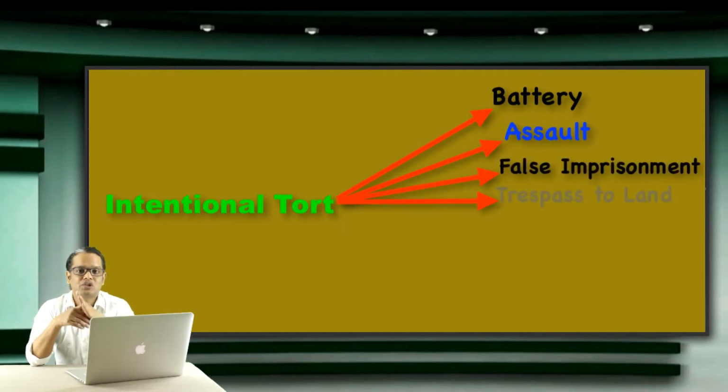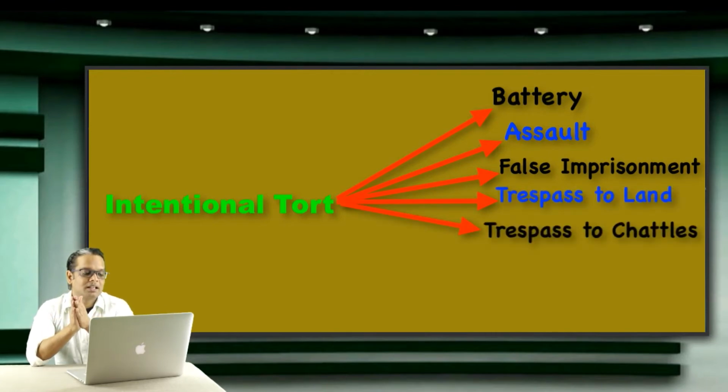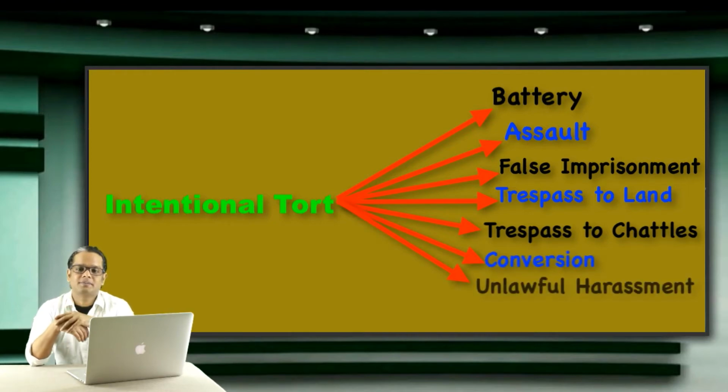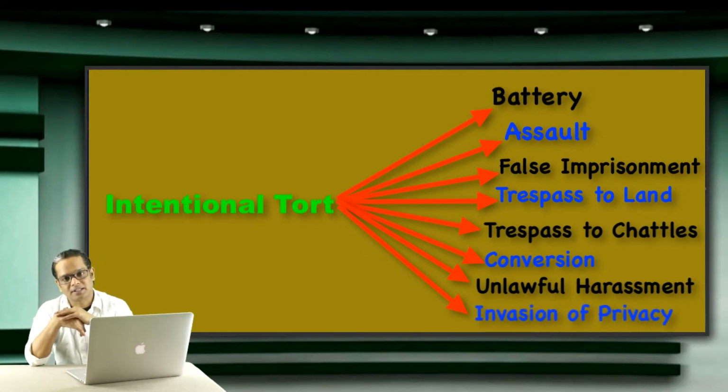Next, trespass to land. Next, trespass to chattels. Next, conversion. Next, unlawful harassment. And the last one, invasion of privacy. So, likewise, we have types of intentional tort. We will discuss one by one.